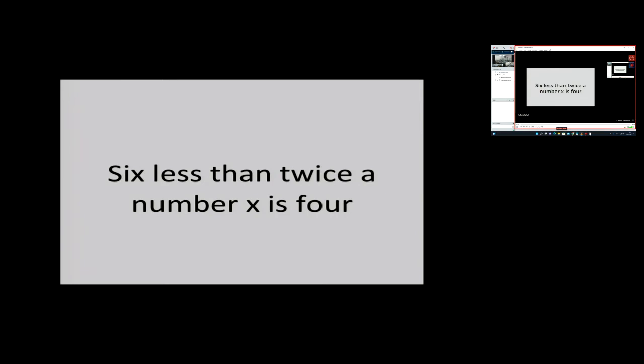How do you write that? Anyone? Six less than twice a number x is 4. Anyone from 1/5?